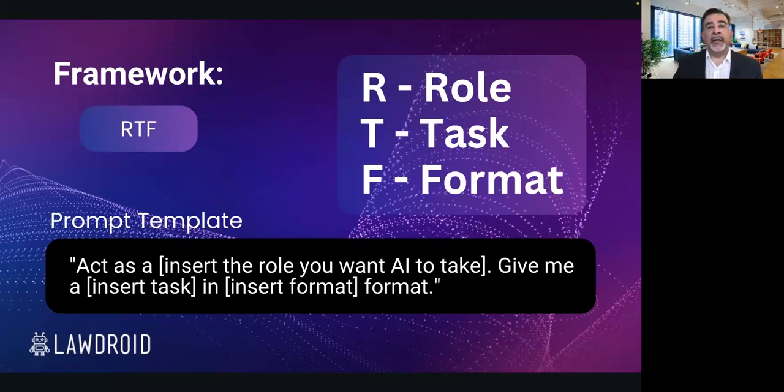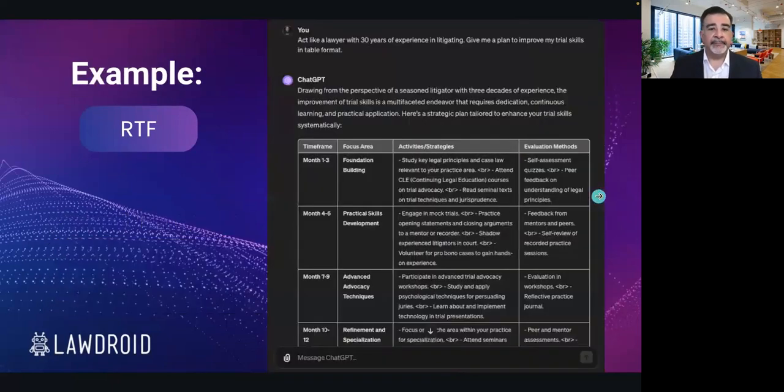The task, I need you to write a motion about excluding evidence of my client's character that has nothing to do with their toxic injury. That could be a kind of task that you give the AI. And lastly, the format, you might even give it kind of like an outline of the pleadings, and here's the introduction, here's the law, here's the argument, conclusion. That might be a format that you provide to the AI.